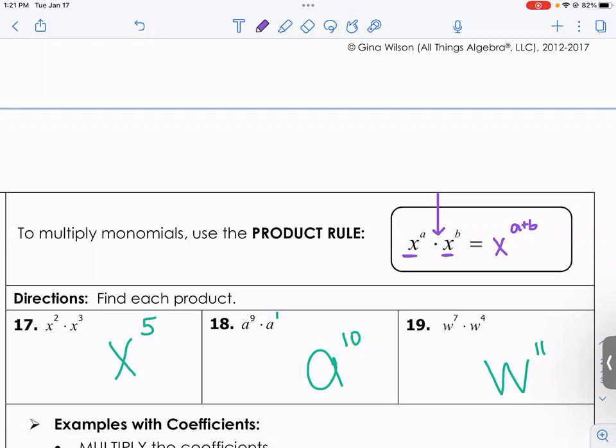When we're multiplying exponentials that have the same base, we are going to add their exponents. Okay, so x squared times x cubed was x to the 5th. We added 2 and 3 together. A to the 9th times a to the 1st gave us a to the 10th. We added 9 and 1 together. Okay.